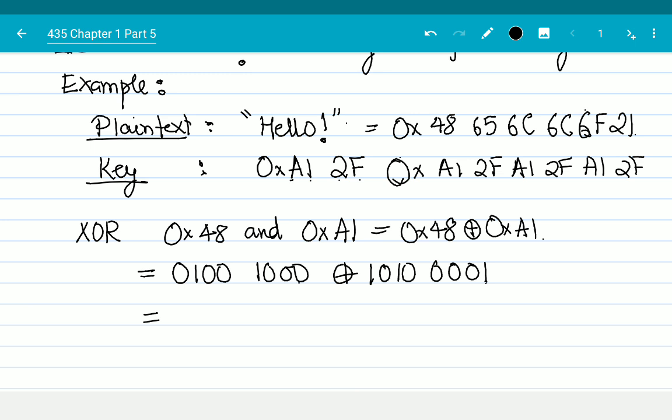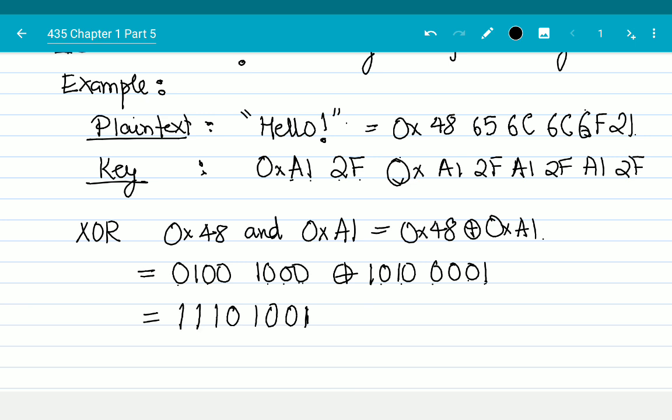Last bit of both is 0 plus 1, so this becomes a 1. 0 plus 0 stays 0. 0 plus 0 stays 0. 0 plus 1 becomes 1. 0 0 stays 0. 1 0 becomes 1. 0 1 becomes 1. 1 0 becomes 1.